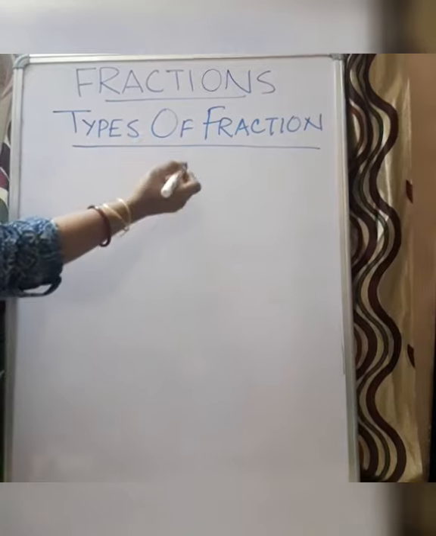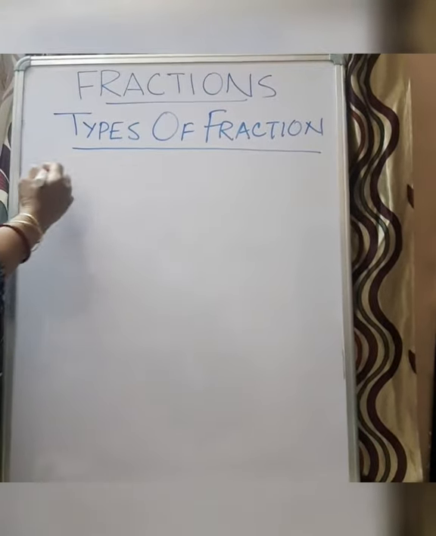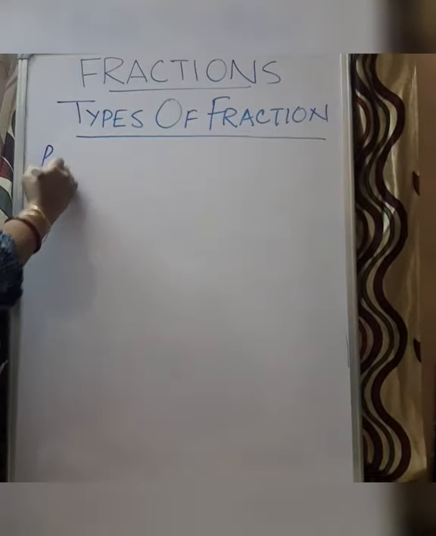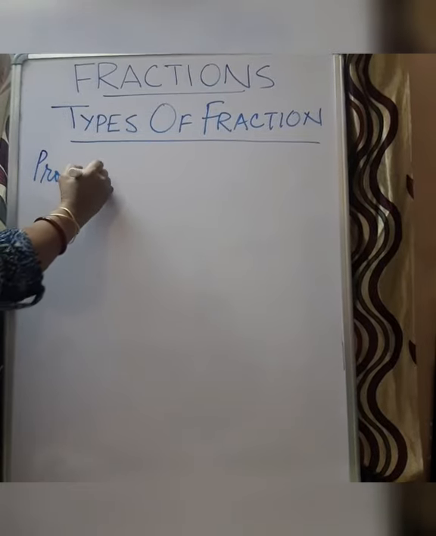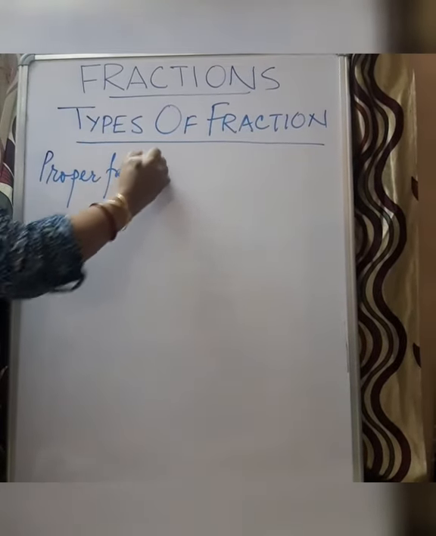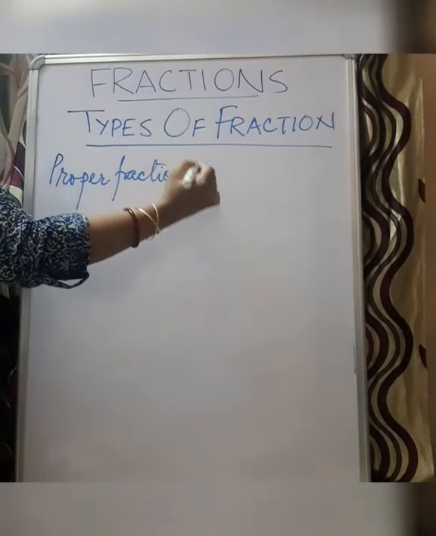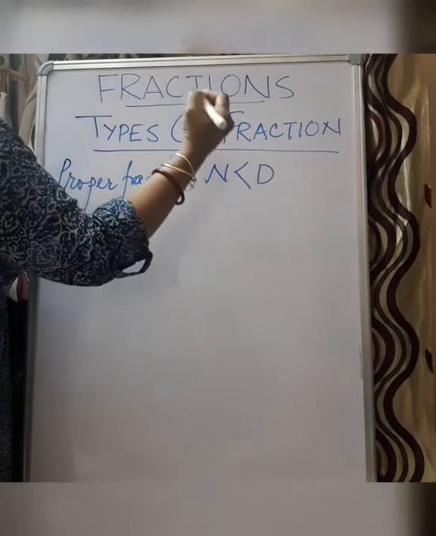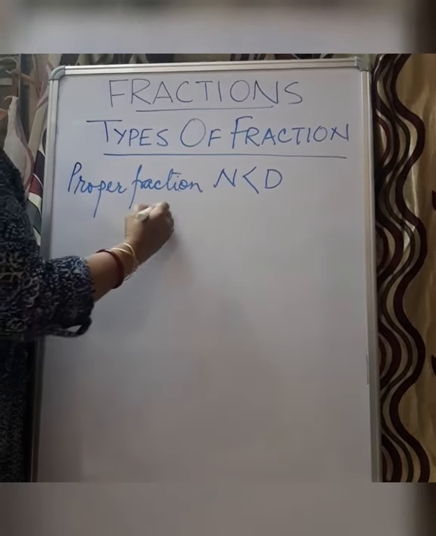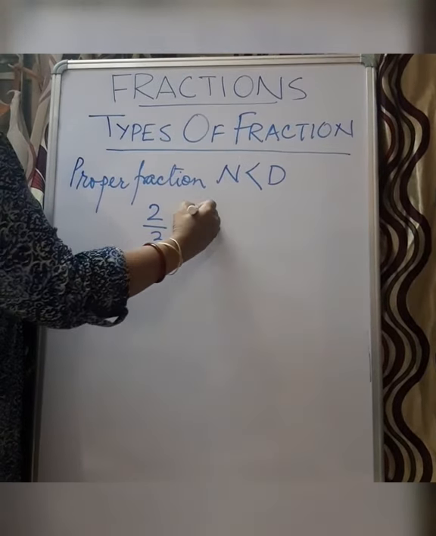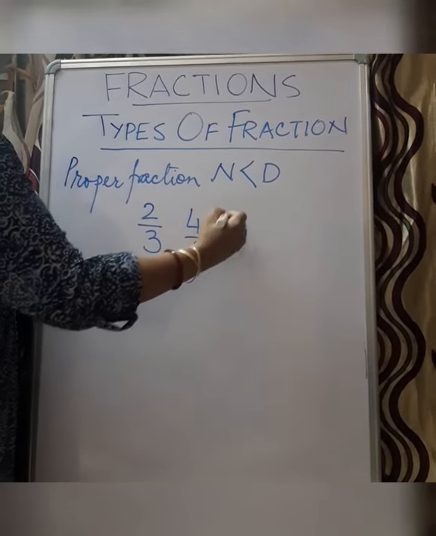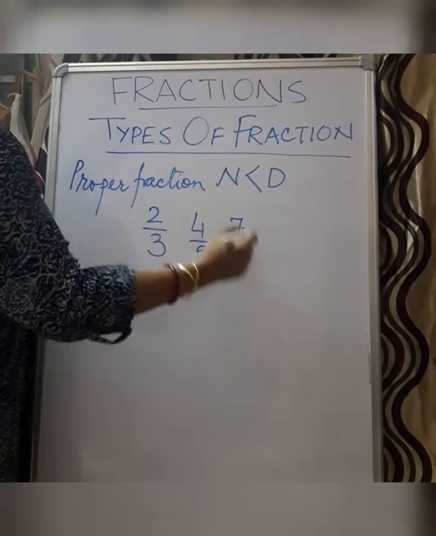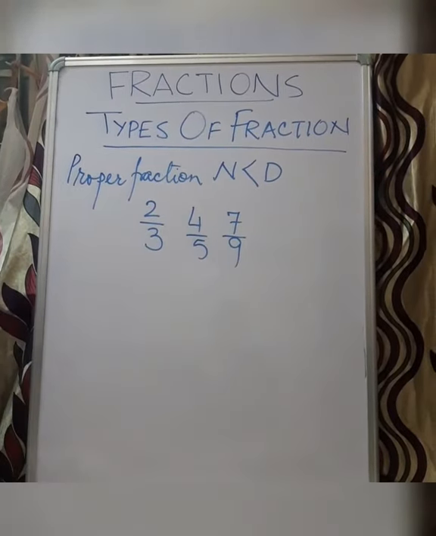Different types of fractions are, first is proper fraction. In a proper fraction, the numerator is less than the denominator. So 2 by 3, 4 by 5, 7 by 9, these are all proper fractions.